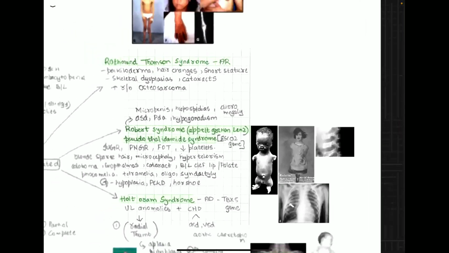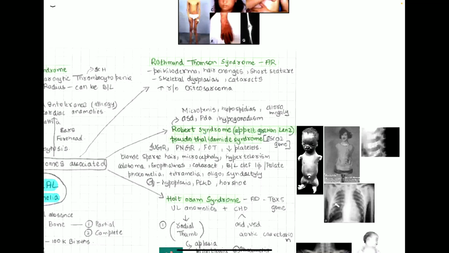Then there can be prominent maxilla. Then there can be brain malformations and hypoplastic bones, and also delayed eruption of permanent teeth.